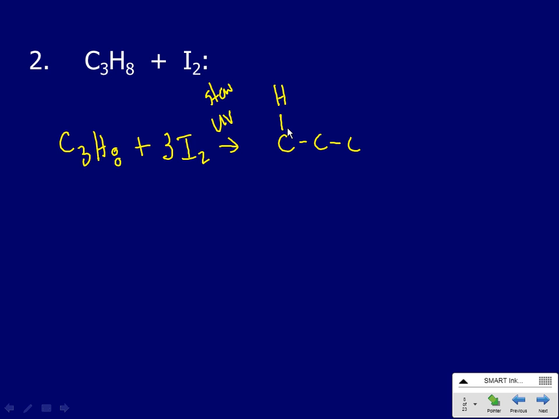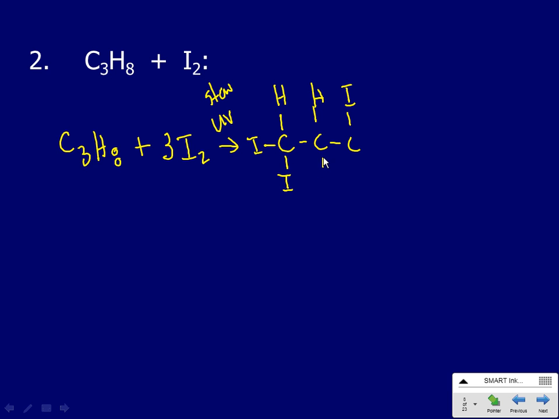Okay? So the UV light hits it, and let's put an I over here. Let's put just an I on this one. And because we're doing 3, I'll put a second I on this same one here for no reason, because there's no way to predict which one is going to fall off. If I asked you to do this, you could put 3 I's wherever you wanted. And I'll put another I on this one here, on the outside one, again for no reason.